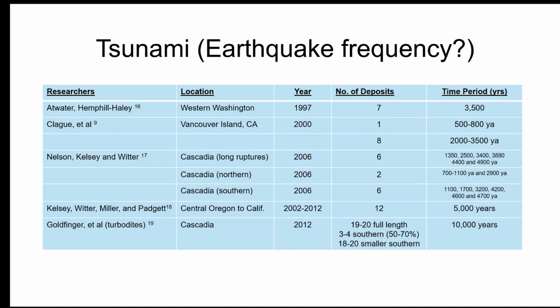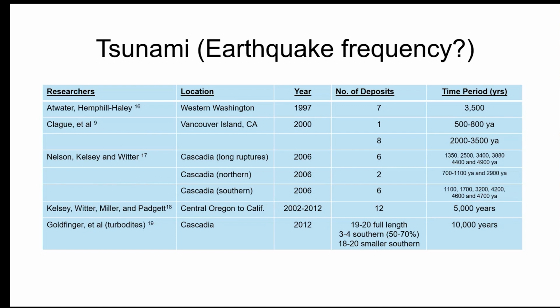Obviously, the $64,000 question is how often between these major earthquakes, and with only one data point, it's very difficult to have any confidence. And you can imagine the insurance companies might be interested in this problem. Absolutely. So anyway, that's very good.